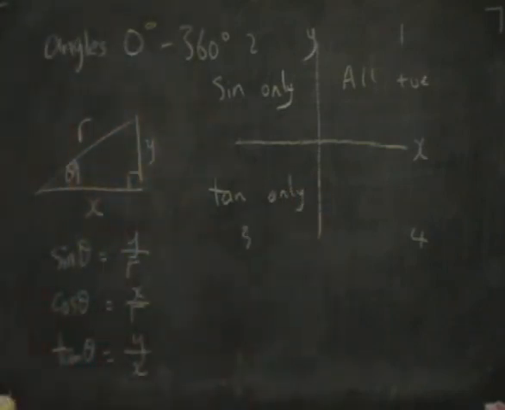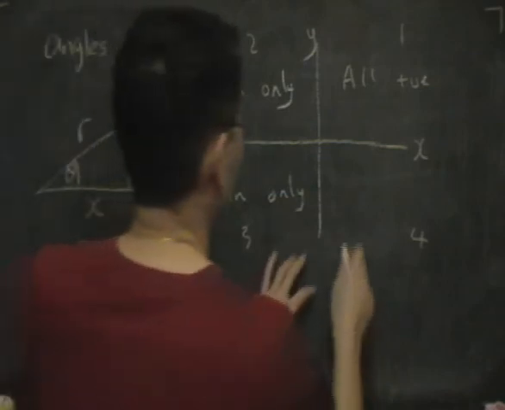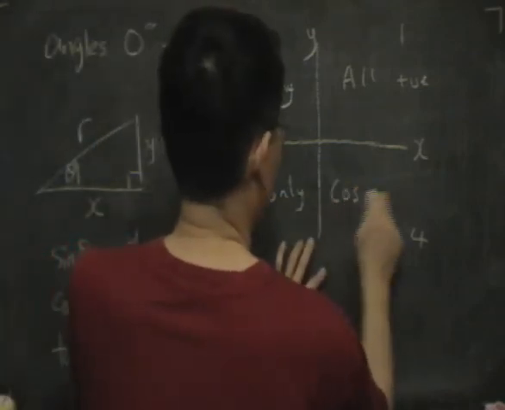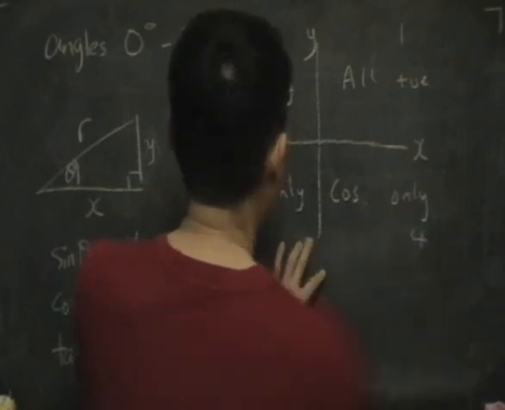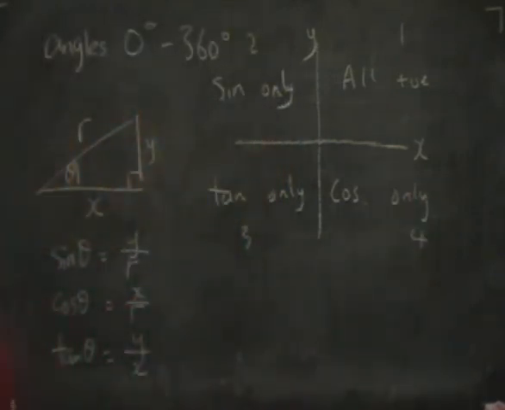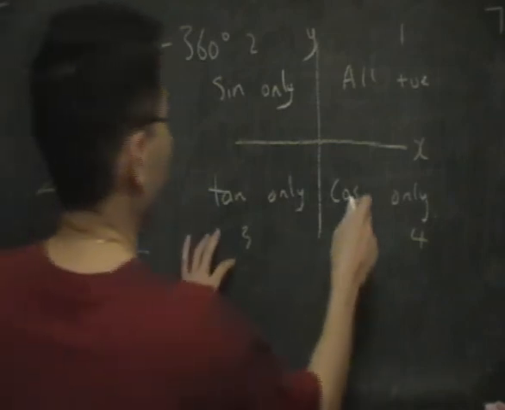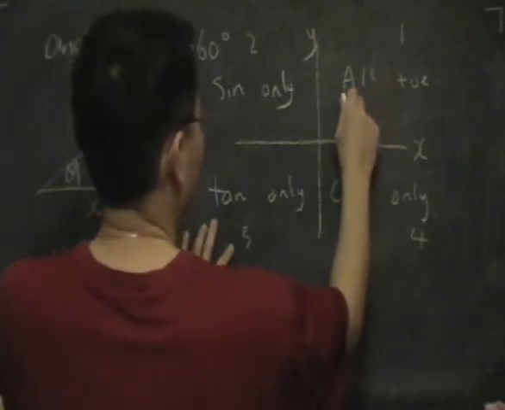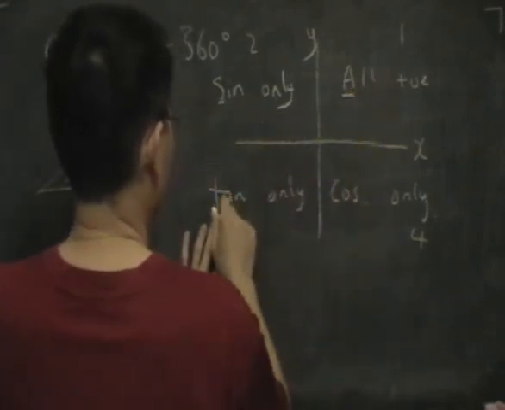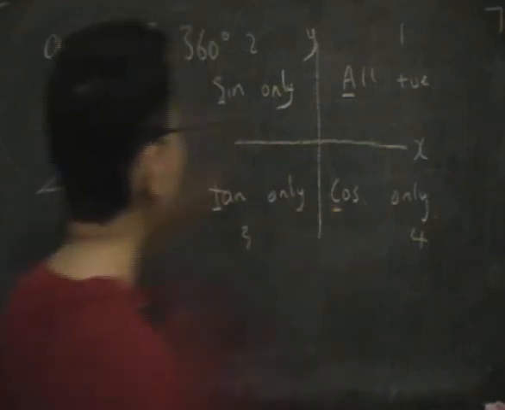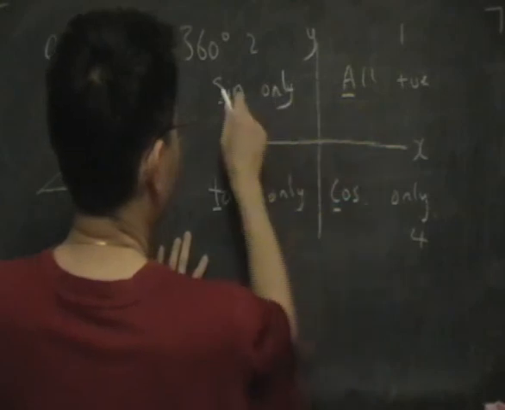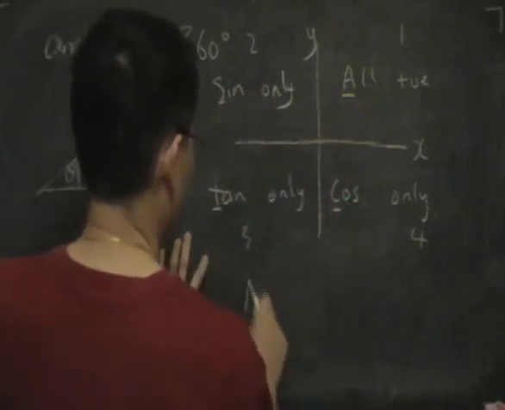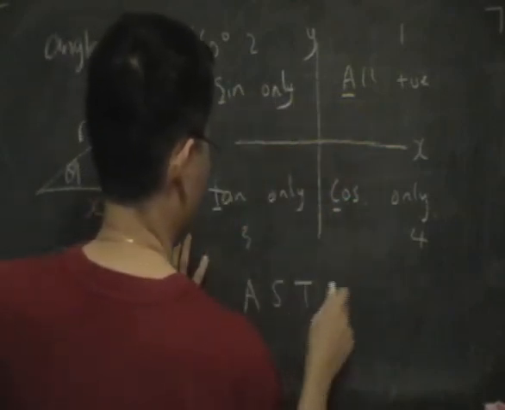And if you have an angle that is in the fourth quadrant, then only the cosine is positive. You can remember this by remembering the first letters there and thinking of it as ASTC. ASTC.